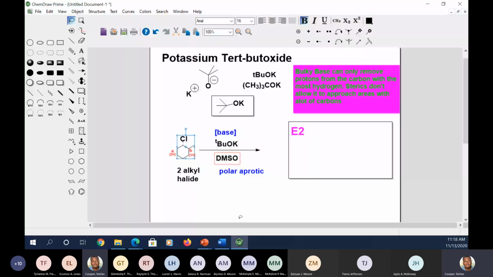The hydrogens. Yeah, it's easier for me to glide over 2 hydrogens. So in this case here, instead of forming the Zaitsev product, I form a Hofmann product. I push my double bond onto the carbon that has the most hydrogens, right?